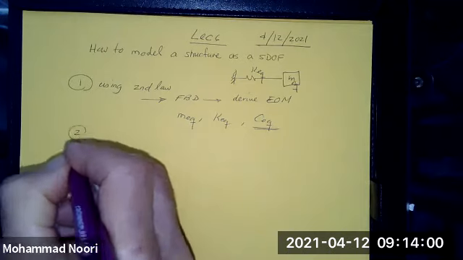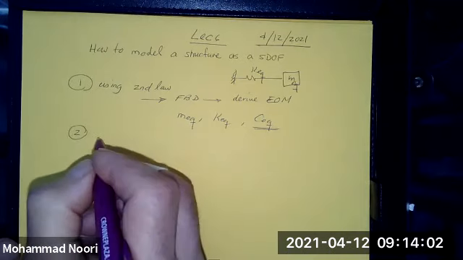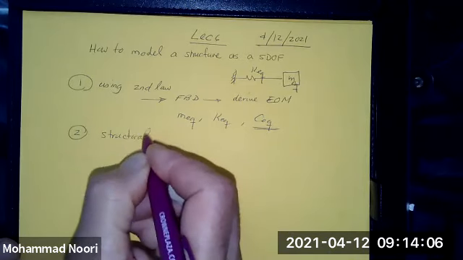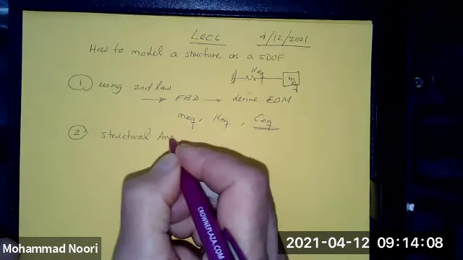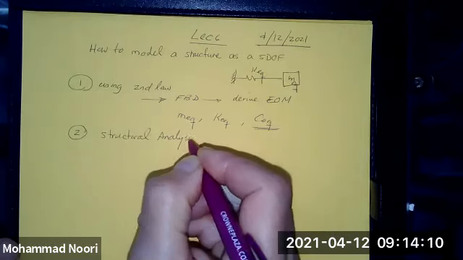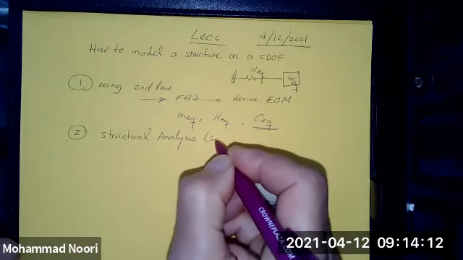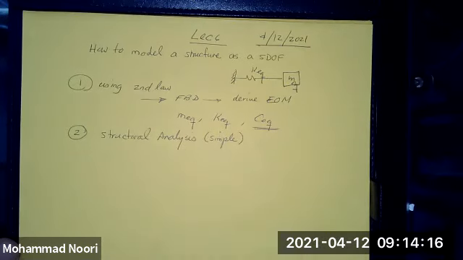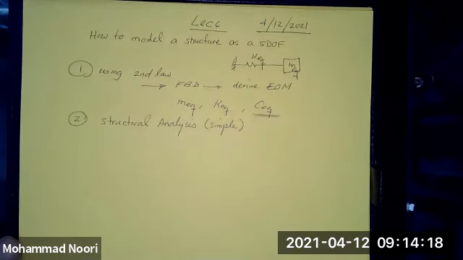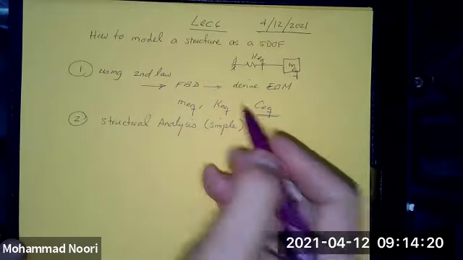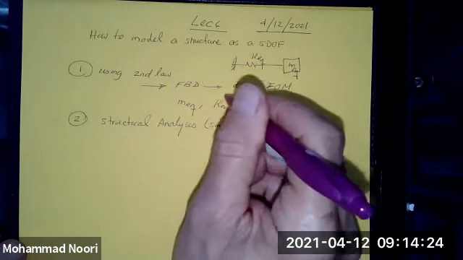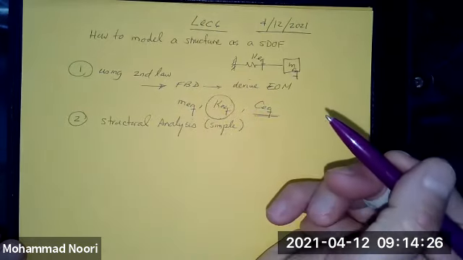The second approach we introduced was, I call that the structural analysis, or better call that simple structural analysis. Okay. In setting up the equation of motion and finding these coefficients, stiffness is usually the most complicated one.